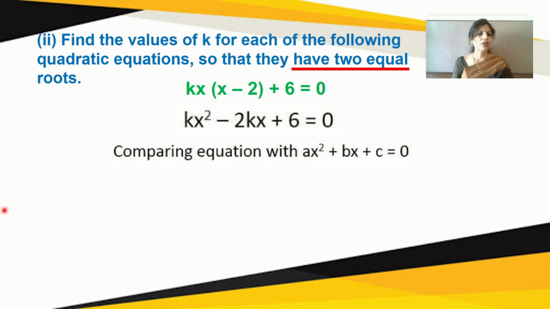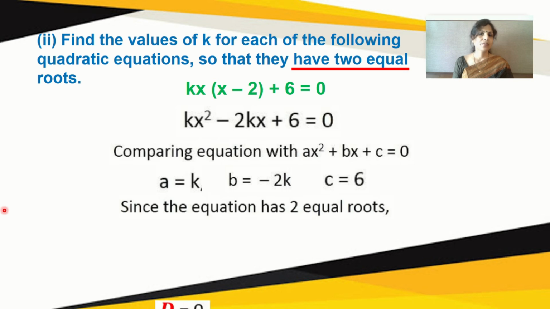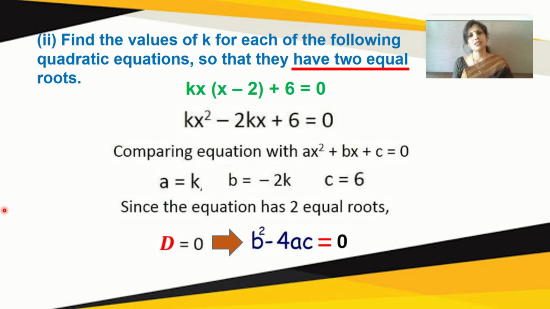So we get the value of a as k, b is equal to minus 2k, and c is 6. Again see the condition. The roots are equal, and roots are equal means our condition is discriminant is equal to 0. That means b square minus 4ac is equal to 0.